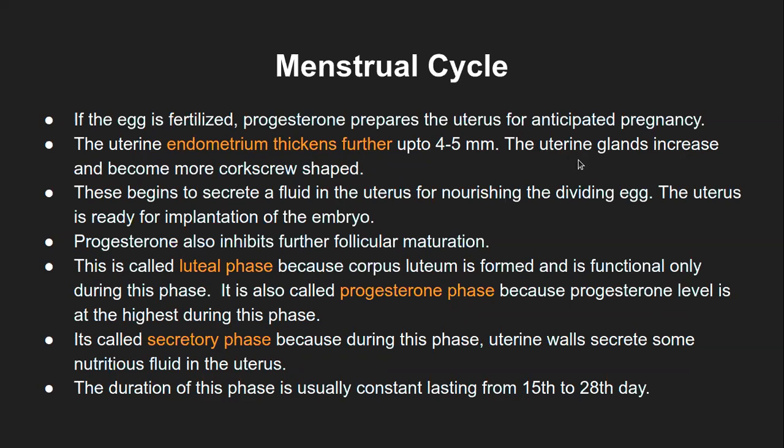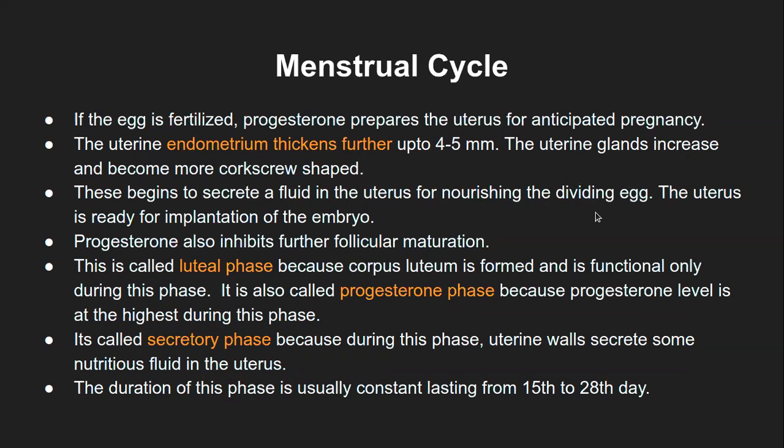And the uterine glands increase and become more corkscrew shaped. Again, this has something to do with more secretion. So uterine glands also proliferate along with the endometrial lining. The uterine glands and the endometrium begin to secrete fluid in the uterus. Now this fluid is nourishing for the dividing egg.